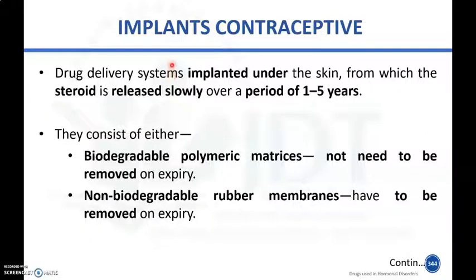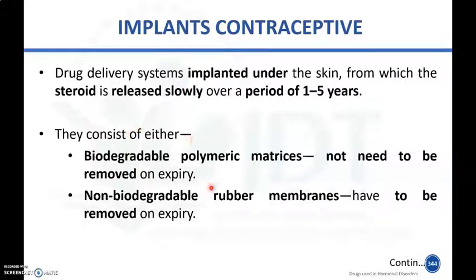Now coming to another type of contraceptive, that is implant contraceptive. These are drug delivery systems which are implanted under the skin, from which the steroid is released slowly over a period of 1 to 5 years. That is another advantage. We don't have to take a contraceptive for 1 to 5 years. We may use either a biodegradable polymer matrix or non-biodegradable rubber polymers to formulate the implants.